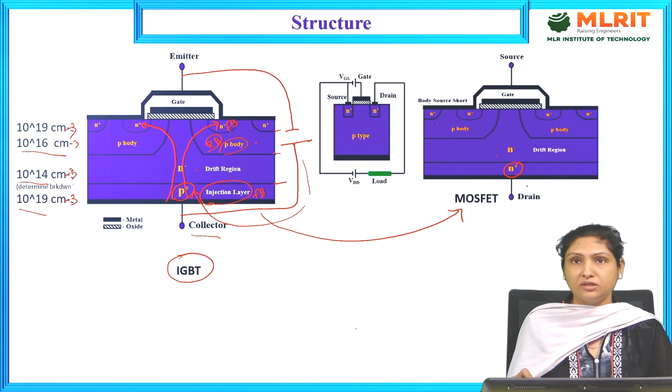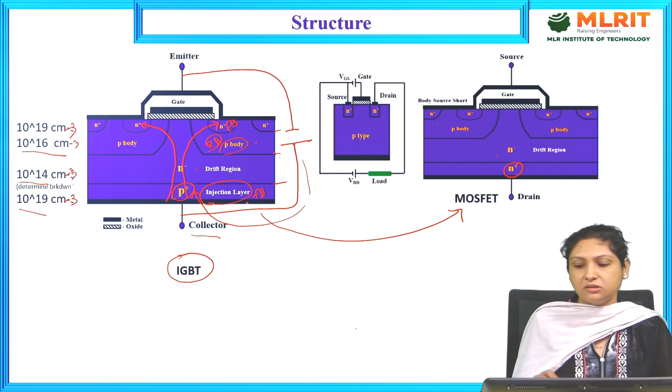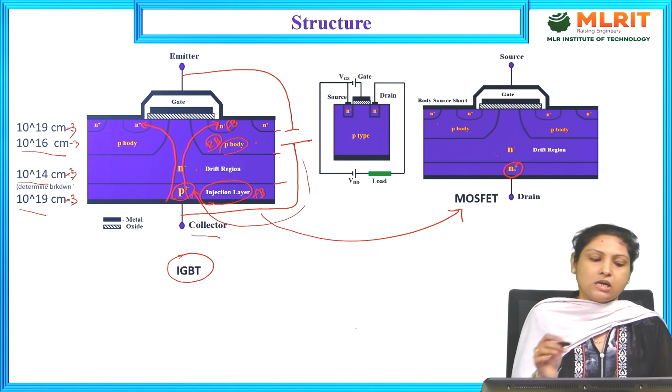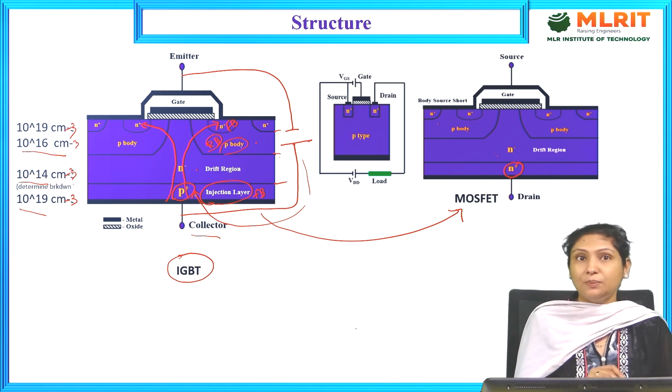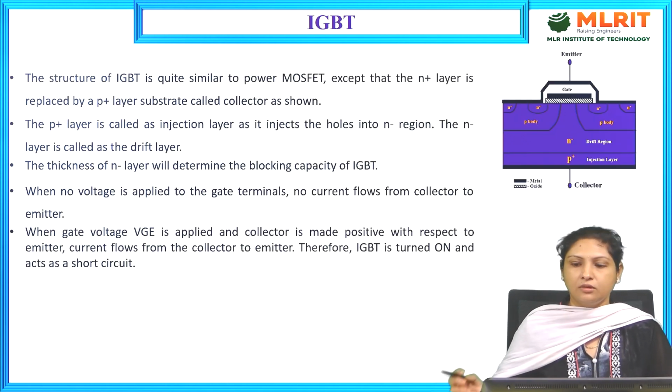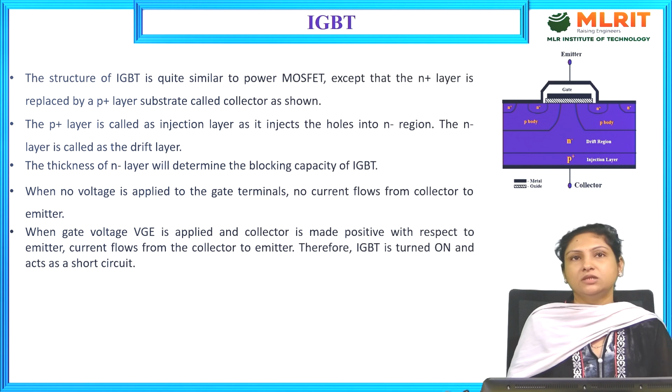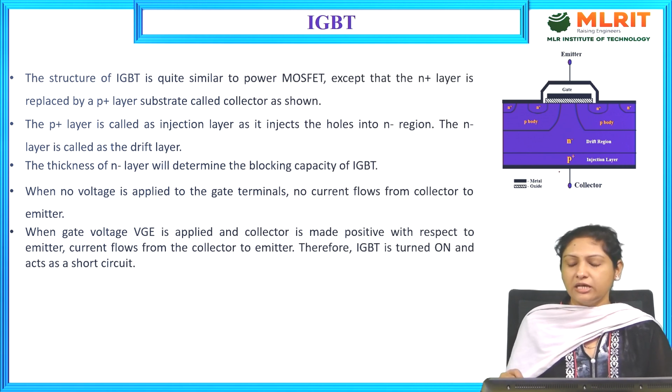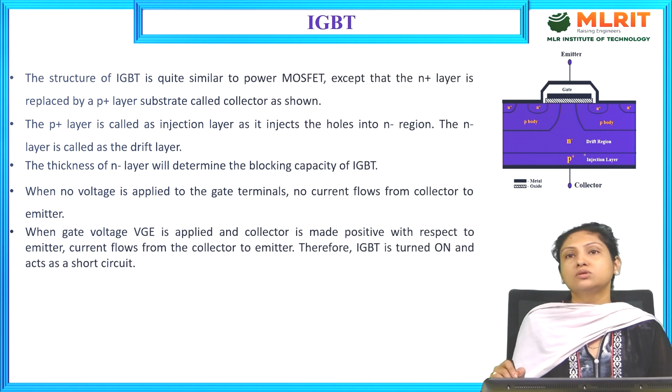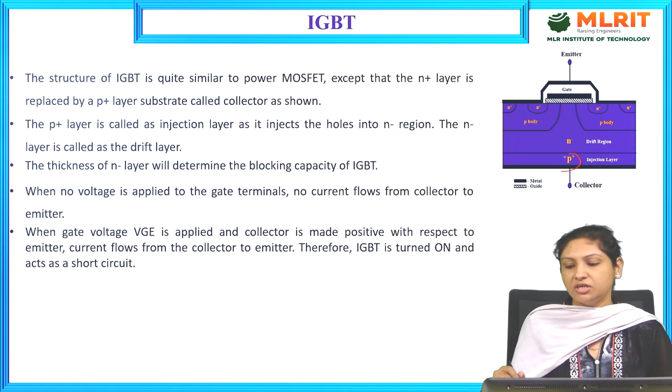The only basic difference between power MOSFET and IGBT is that the bottommost N plus layer is replaced with a P plus layer. Now the structure of the IGBT, as I have already explained, is the same except the bottommost layer is replaced with a P plus layer, and this is called the injection layer, above which the drift region determines the reverse blocking capability of the IGBT.